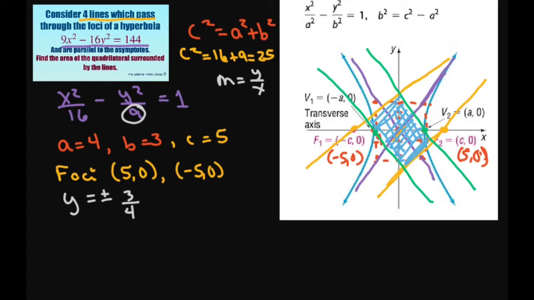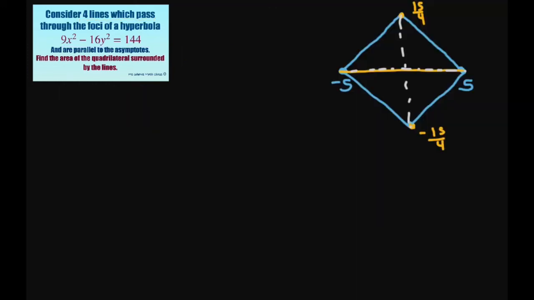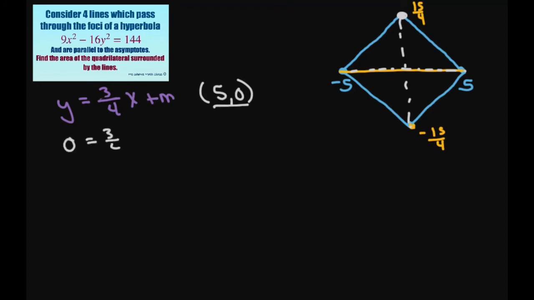Okay. So basically, let's look and see what we have. When we have y equals 3 divided by 4 x plus some m, we're trying to find this value here. And this is going to be at the focus (5, 0). That means when you substitute in your (5, 0), you're going to get 0 equals 3/4 times 5 plus m.